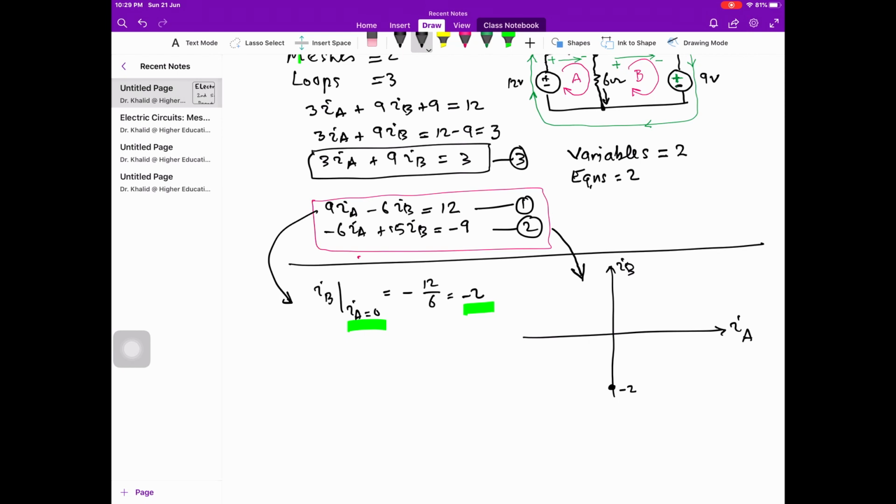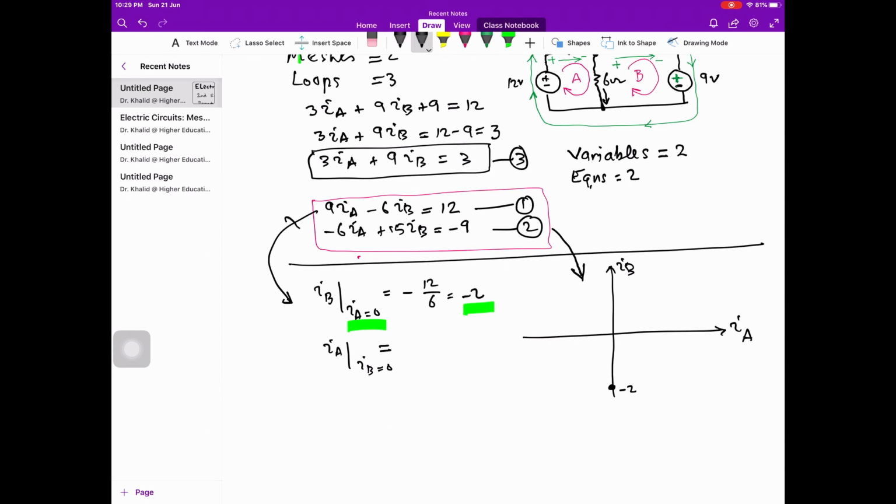Second, what is IA in the same equation when IB is equal to 0? This is a quick method to draw a line. Otherwise we have to use a range of values of IA, compute IB for each value, and draw a line.